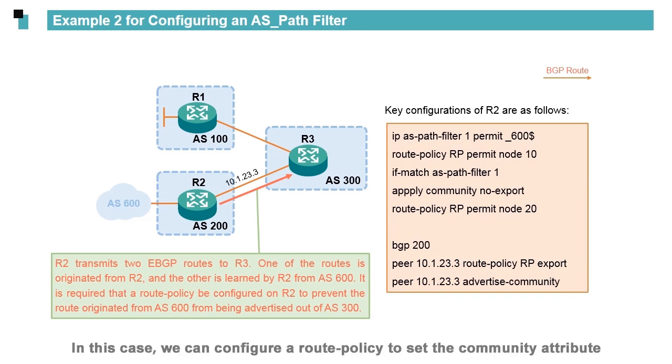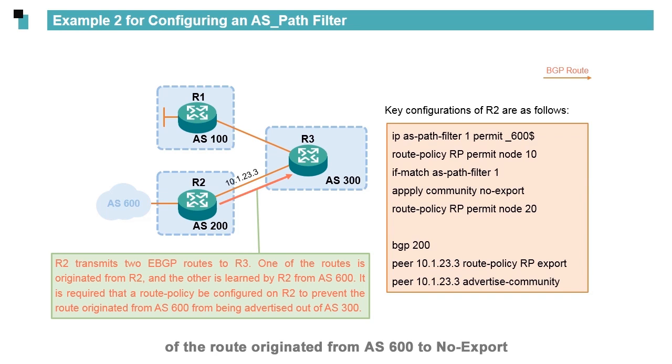In this case, we can configure a route policy to set the community attribute of the route originated from AS600 to no-export. Note that we need to configure an empty node for the route policy. Otherwise, the other route that is originated from AS200 is filtered out.